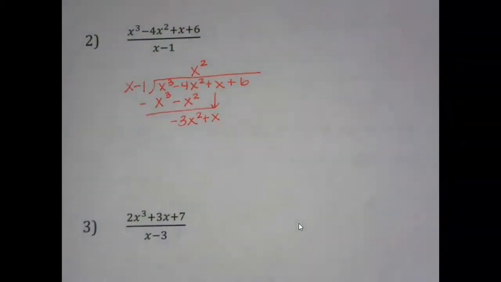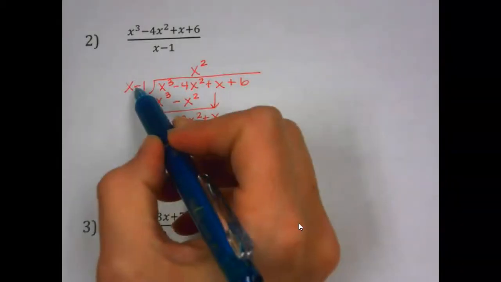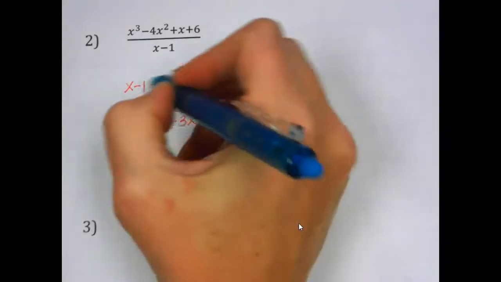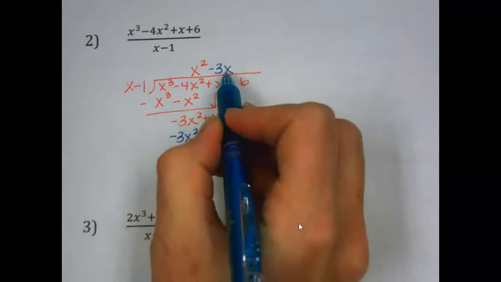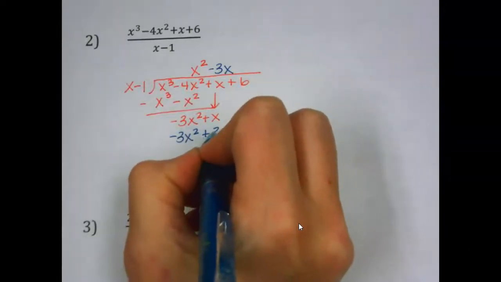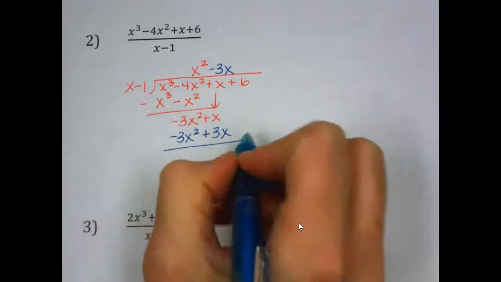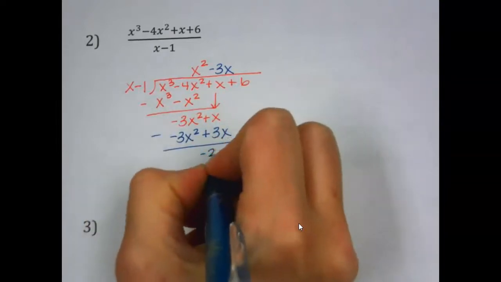All right, so now I'm going to repeat that whole process again. Negative 3x squared divided by x is negative 3x. Negative 3x times x is negative 3x squared. Negative 3x times negative 1 is a positive 3x. Then I'm going to subtract. x minus 3x is negative 2x.